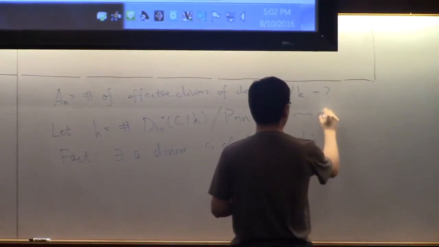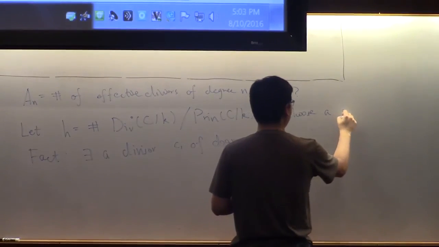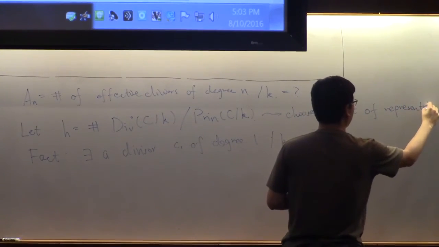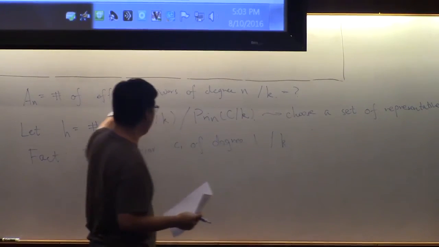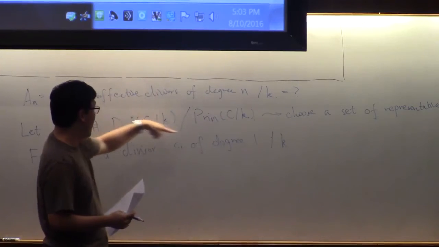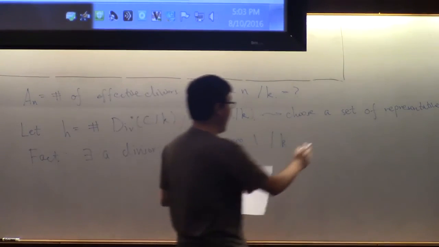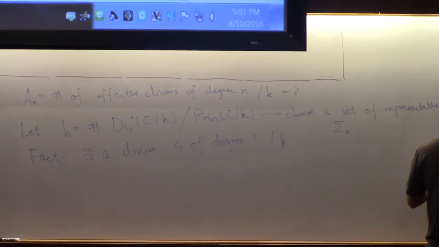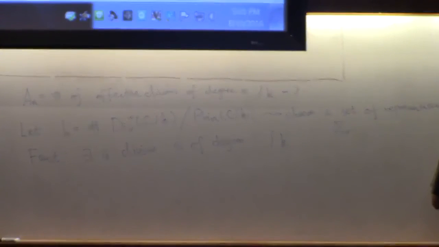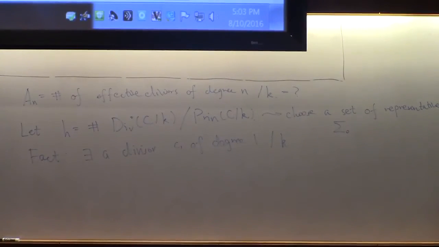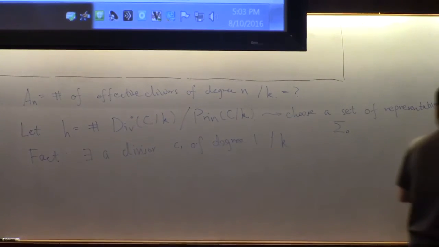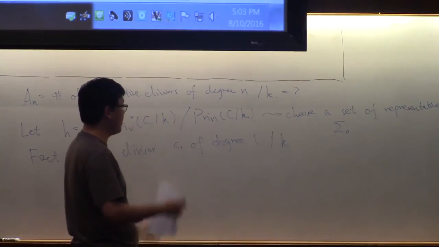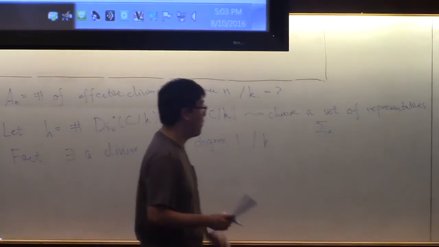So here, if I choose a set of representatives of these quotients, I denote it by sigma 0. So this is a set of representatives of degree 0 divisors under the equivalence of linear equivalence.